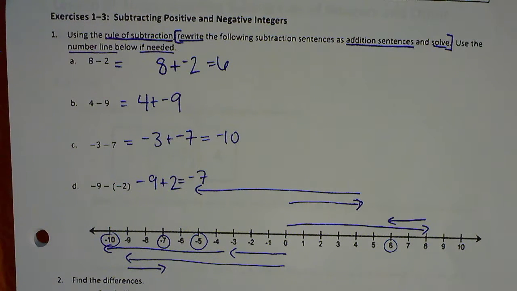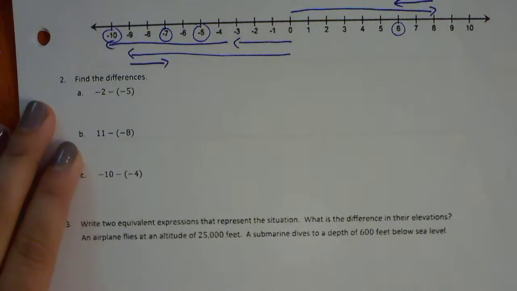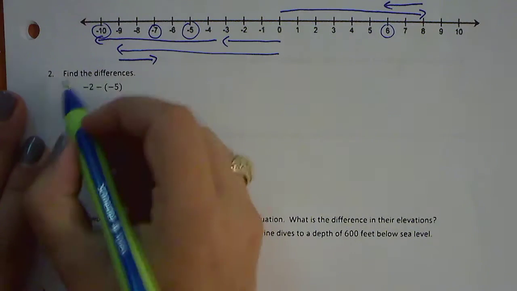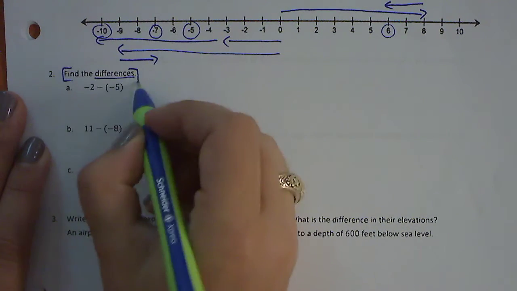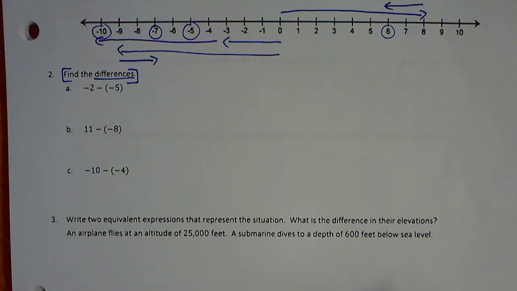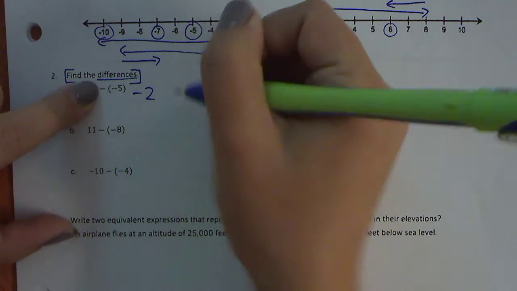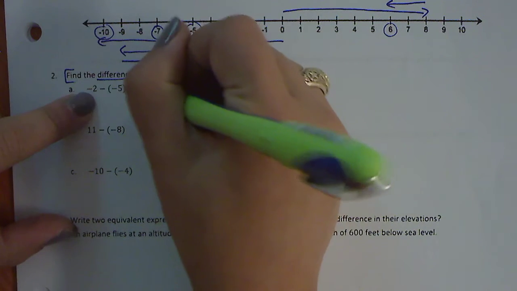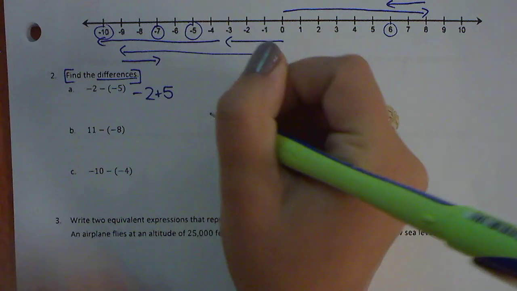Give yourself a check for everyone you got right and scroll down. Find the differences. Negative 2 minus negative 5. We're no longer using a number line. We're going to change the minus negative to a plus positive.